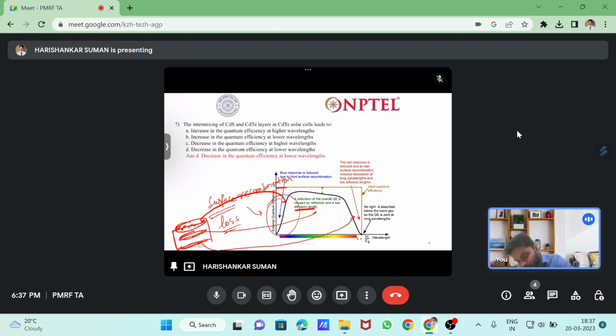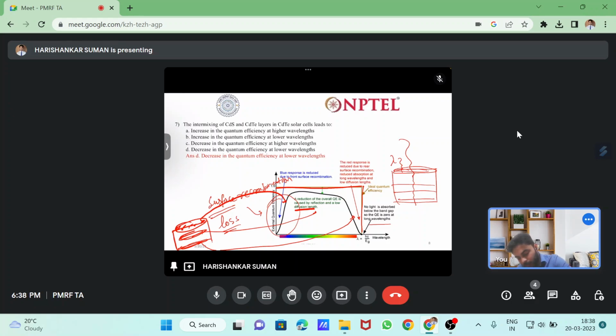This is the ideal curve, and this is the experimental black one. No light is absorbed below the band gap, so the quantum efficiency is zero. Shorter wavelength is absorbed at the surface; longer wavelength goes through the material.